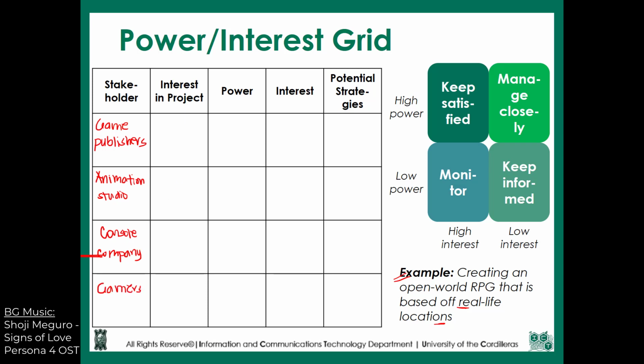For these ones, these are the people who probably are dedicated to a certain type of series, which is usually seen in RPGs. And then let's try to add one more. As you can see right here, the RPG is based off real life locations. So I'm going to add here people who are actually living in those locations.